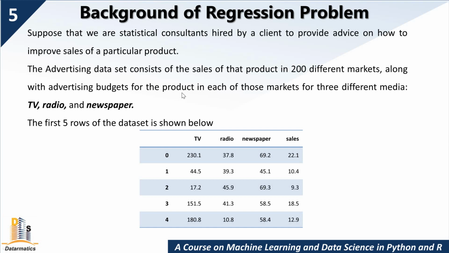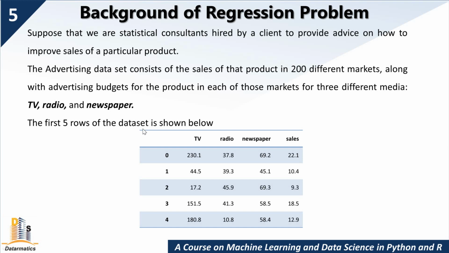So now this is the background of the problem. We are statistical consultants, or you're a data scientist, and you've been hired by a company to provide advice on how to improve sales on a particular product. So we have a data set consisting of the sales of 200 products in different markets. We are also provided with advertising budgets for the product in each of those markets for different media: TV, radio, and newspaper.